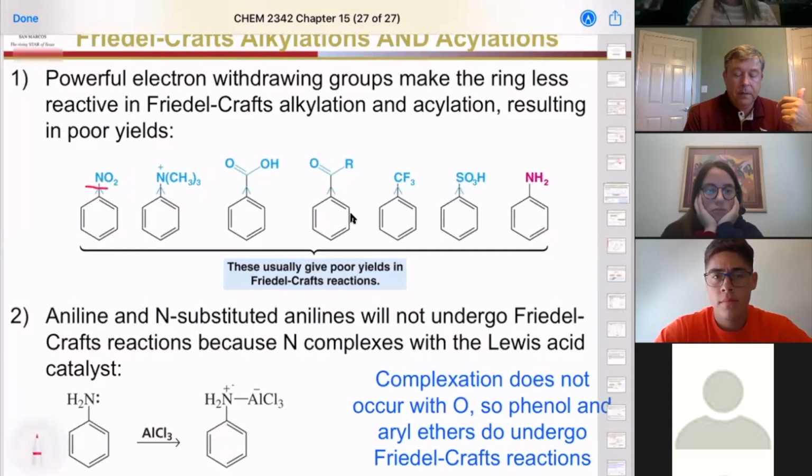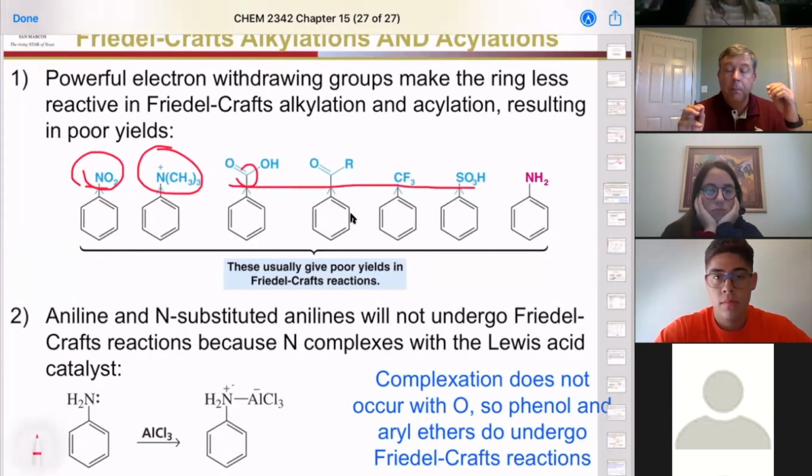So this has a partially positive nitrogen here, this has a positive nitrogen, this has a carbonyl, which is a partially positive carbon. All of these are pulling electron density away from the ring. When you pull electron density away from the ring, it makes the reaction give poor yields.